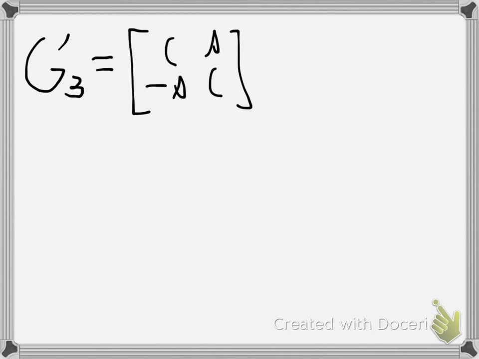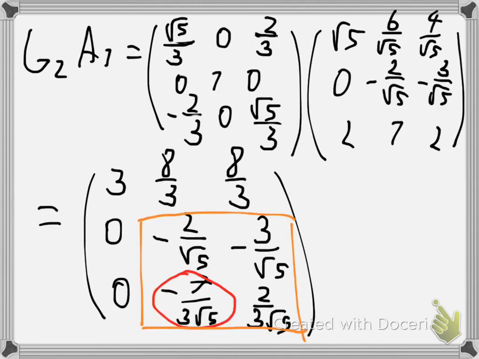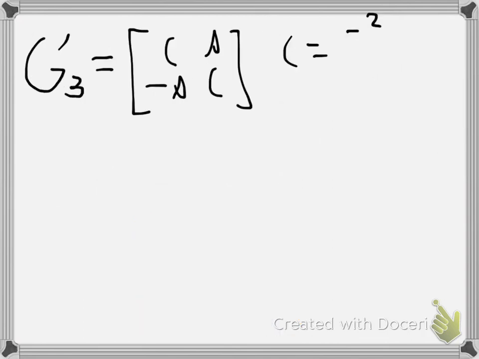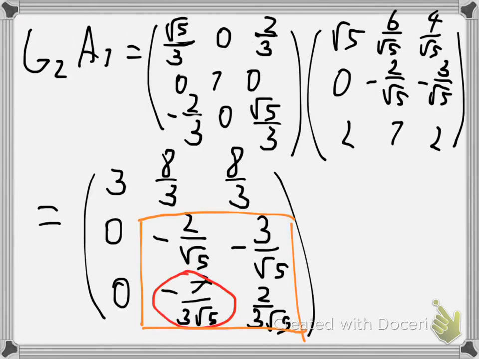Okay, and the cosine will be the top element of the vector in the submatrix, negative 2 over square root of 5, over the square root of that element squared, so 4 over 5, plus the element you want to eliminate, negative 7 over 3 times square root of 5, squared.